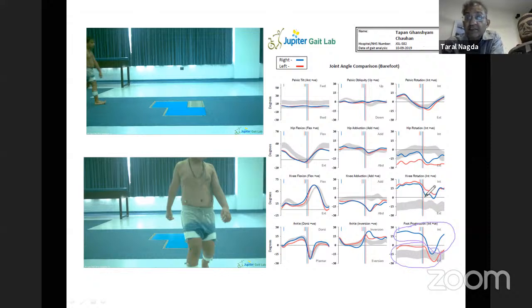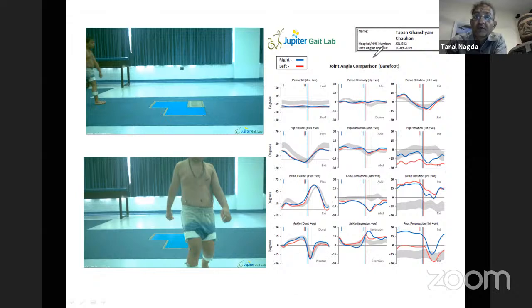Now, if you look at the knee angles, the knee is also internally rotated. And if you look at the hip, it is mildly externally rotated. So, this means that the foot progression angle is not because of any problem in the tibia, but it is because of a problem in the femoral torsion. Okay? So this needs to be confirmed, however, with clinical evaluation.